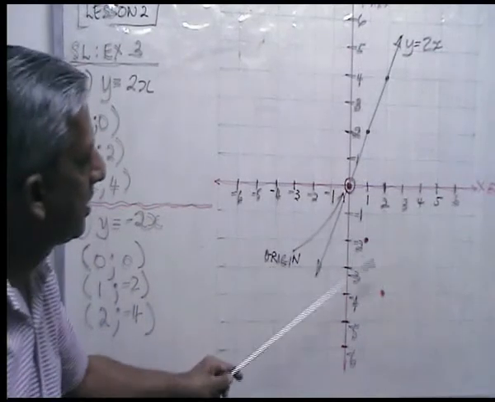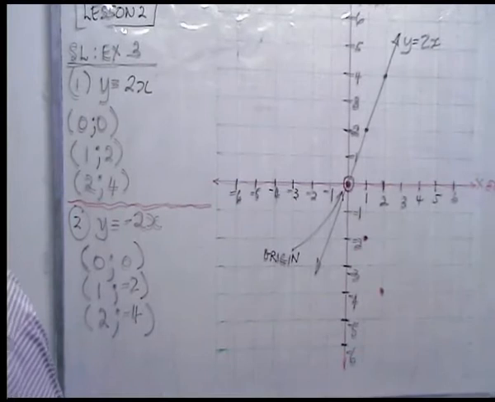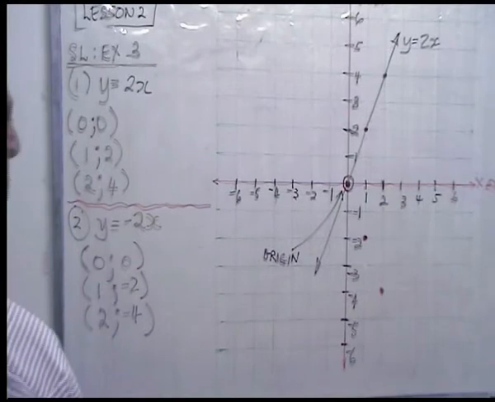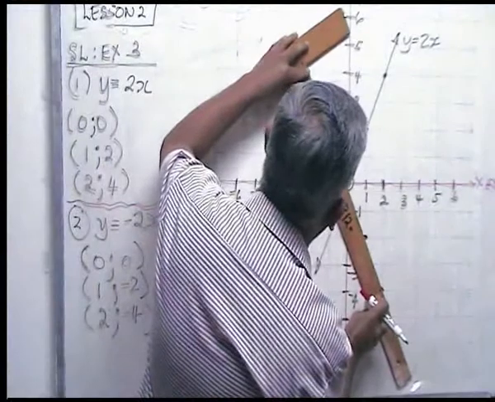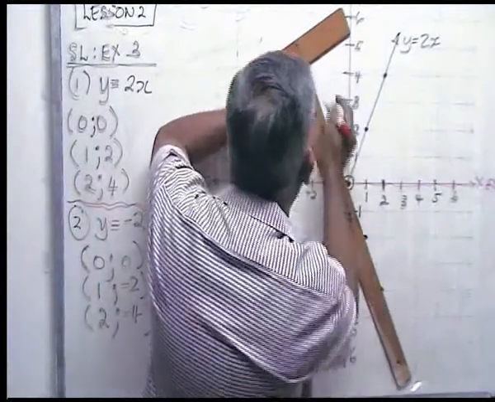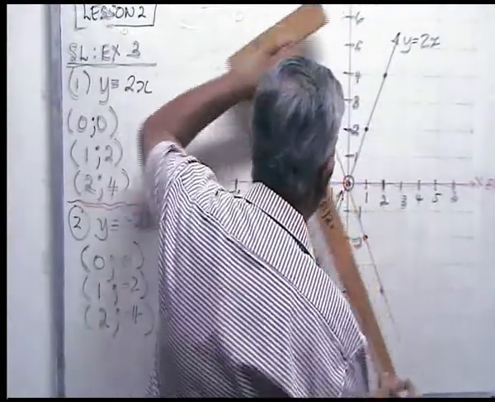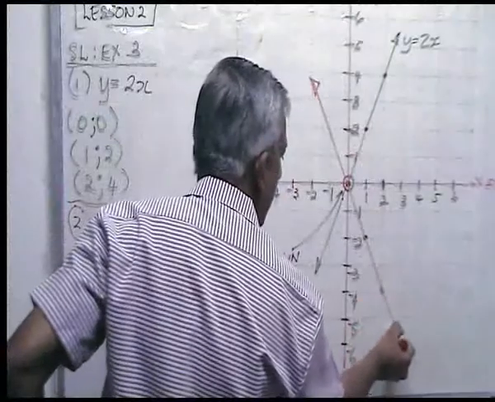Now you can see your 3 points. Take your ruler and join them. So I take my ruler, place it and join the 3 dots and let the line go right from the top, right down this way, and if you've done an accurate job, you'll find your line goes through those 3 points.